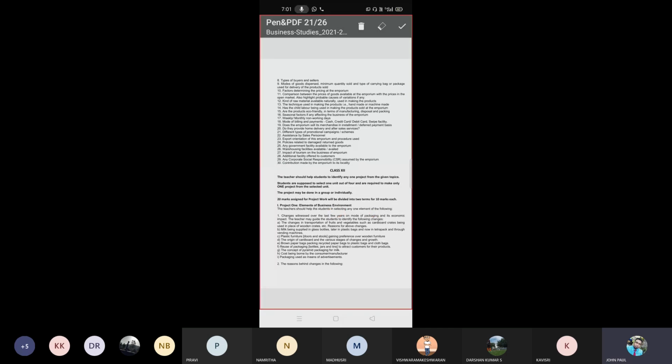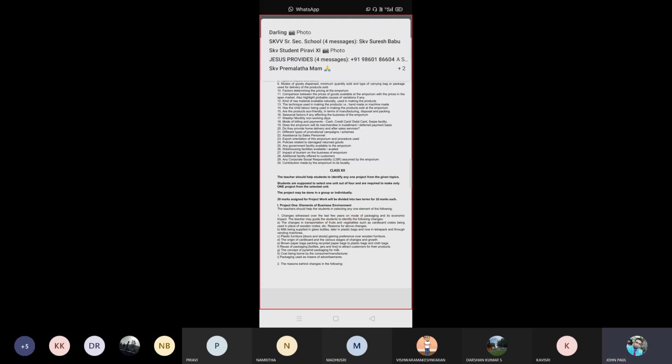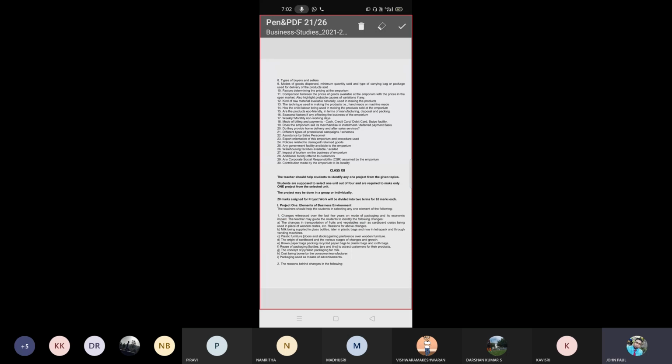Changes in transportation of fruits and vegetables, such as cardboard crates being used in place of wooden crates, and the reason for the above changes. Milk being supplied in glass bottles, later in plastic bags, and now in Tetra Pak through vending machines. Plastic furniture, doors, tools gaining preference over wooden furniture. Among these we can choose any one and go ahead.